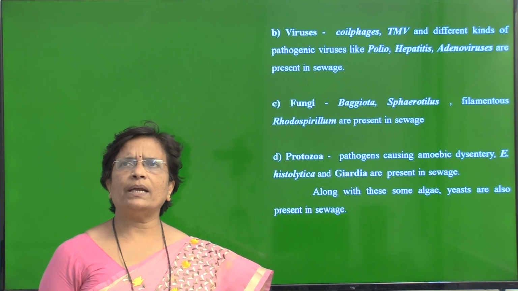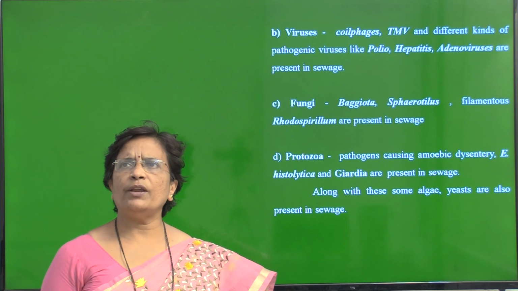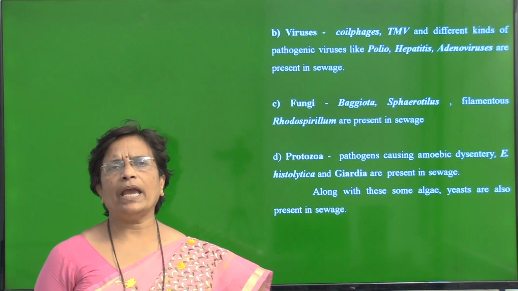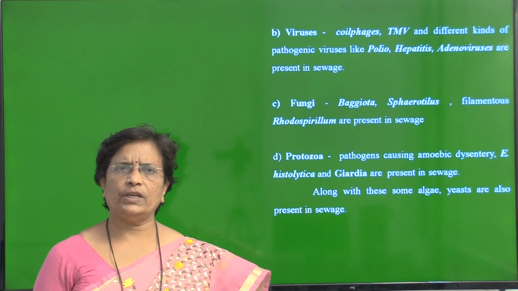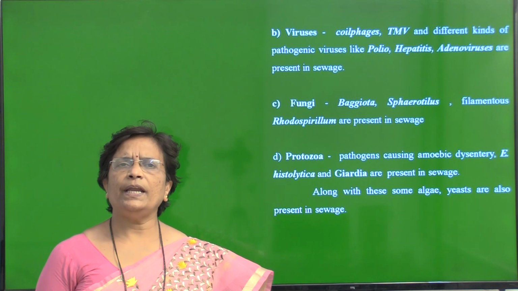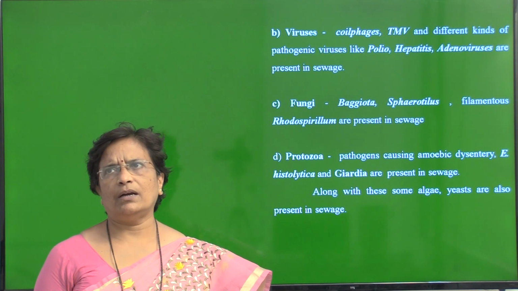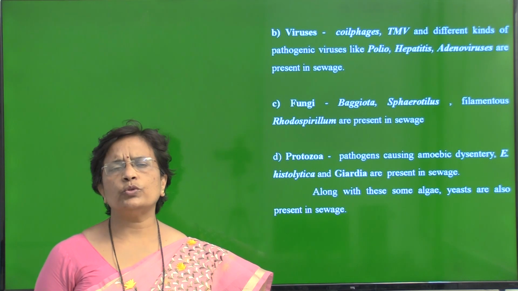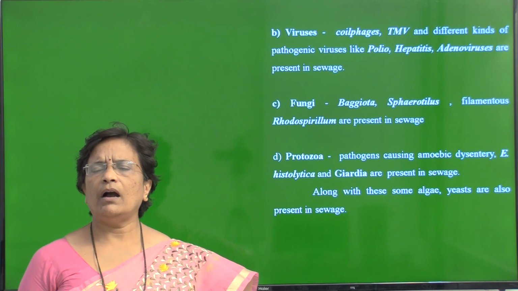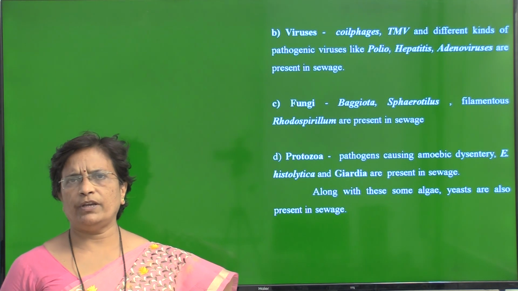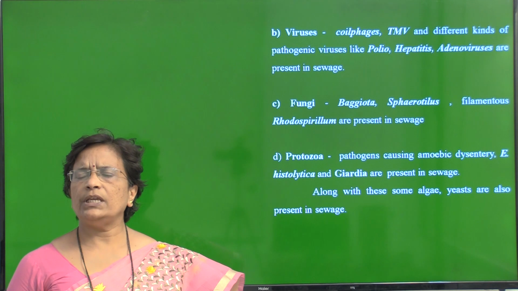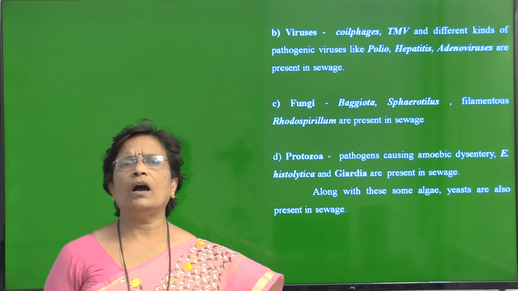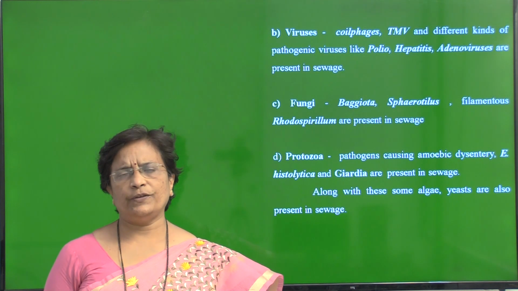Along with these bacteria, viruses and fungi, the protozoans which can cause amoebic dysentery, that is Entamoeba histolytica, and the protozoan Giardia are also found in sewage. Along with these, some algae as well as yeast are also present in sewage.